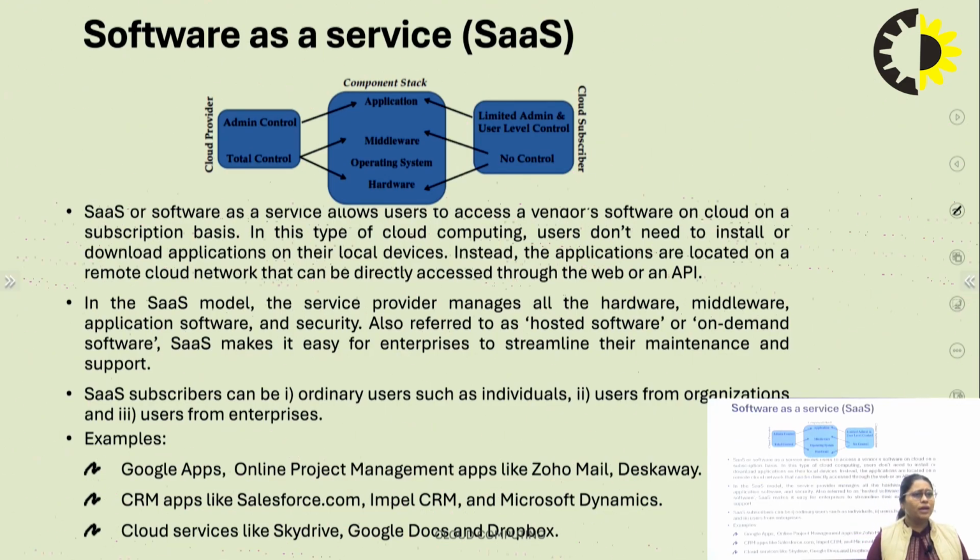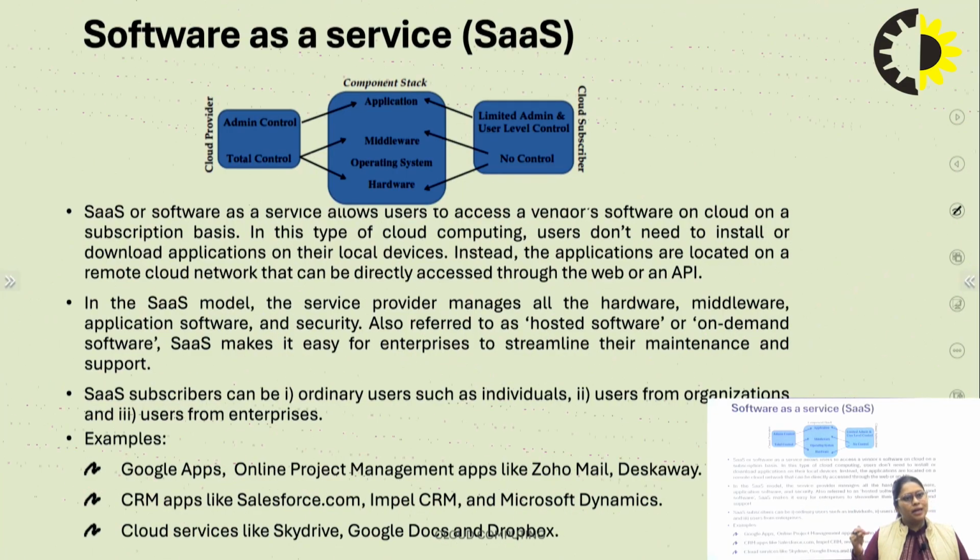So, what is the software as a service concept? This is one of the service models of cloud computing. Software as a service is a service model that allows a user to access a vendor's software on the cloud on a subscription basis. For example, if I just want to access an application like Google Sheets, I can update any information on the Google Sheet and it will be stored on the cloud side.